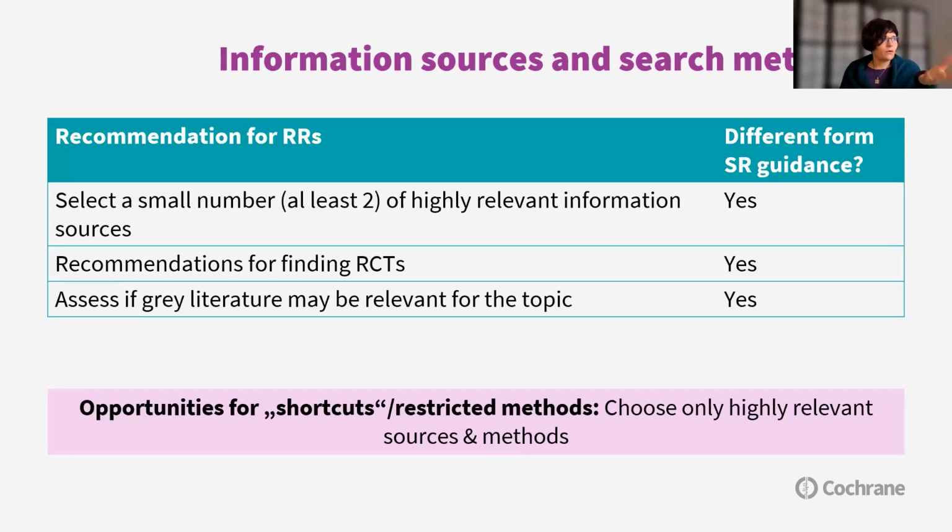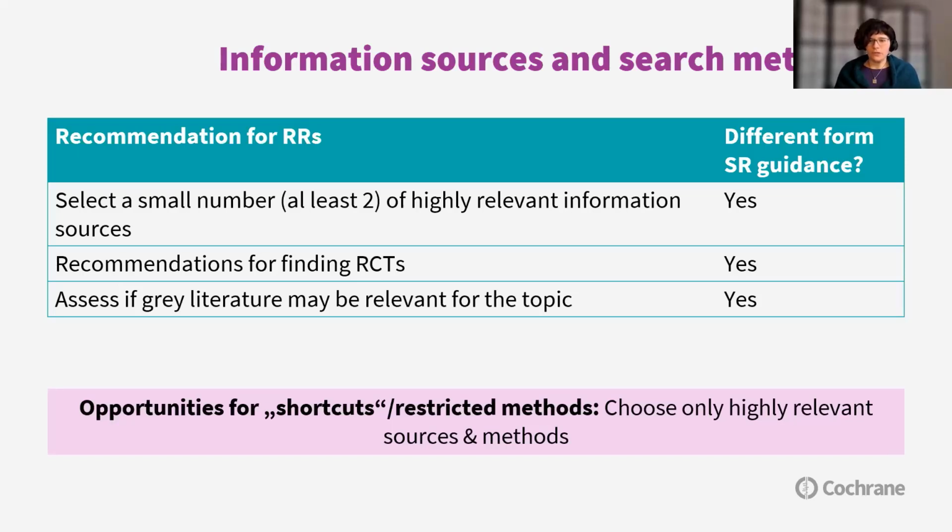In our rapid review guidance, we propose using shortcuts to save time spent on searching, but also, and maybe more importantly, to reduce the number of records found. The first recommendation is to use at least 2 highly relevant information sources.